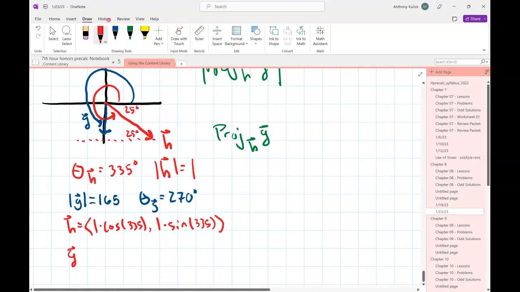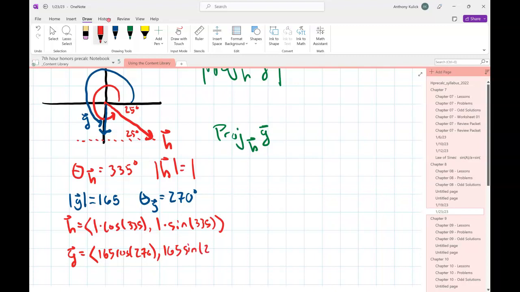And my gravity vector is going to be 165 times cosine of 270, which is 0, and then 165 times sine 270, which is -1. You could have also gotten that from looking at the picture, right? Gravity is going straight down on the y-axis, 165 units. It's the point (0, -165), but either way.